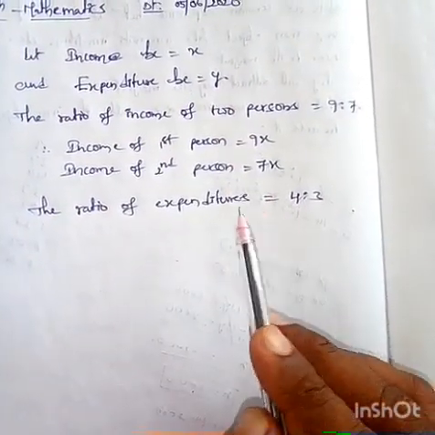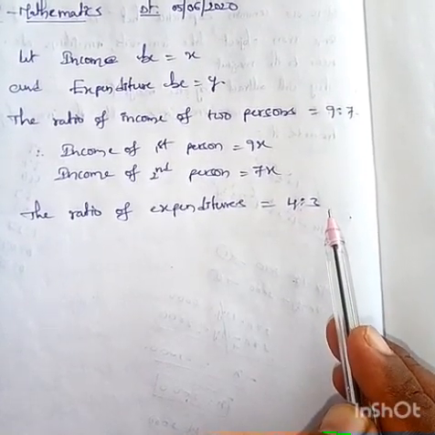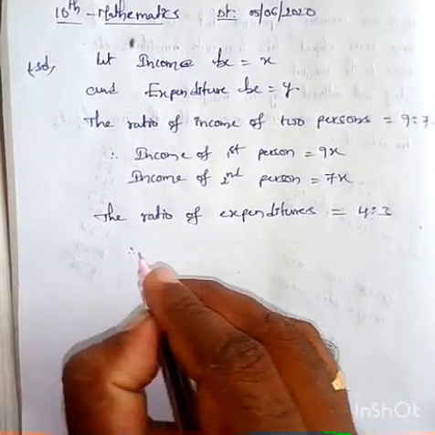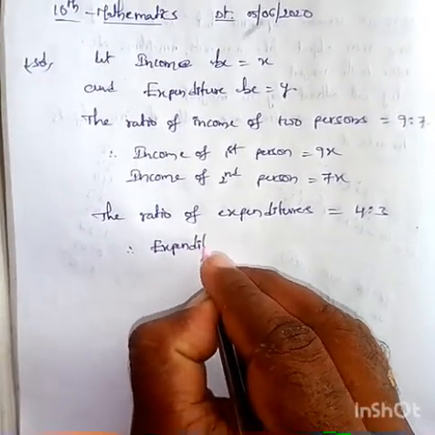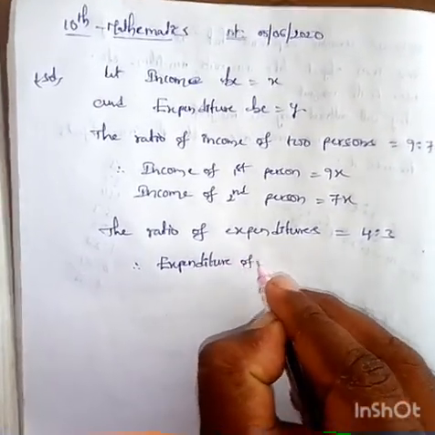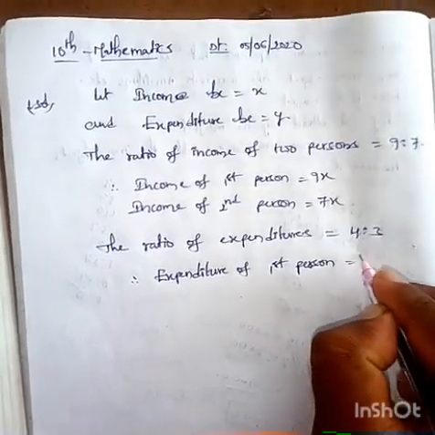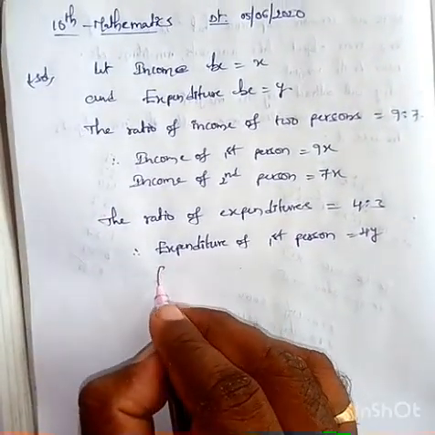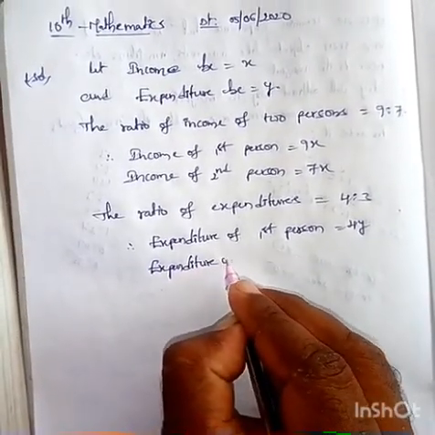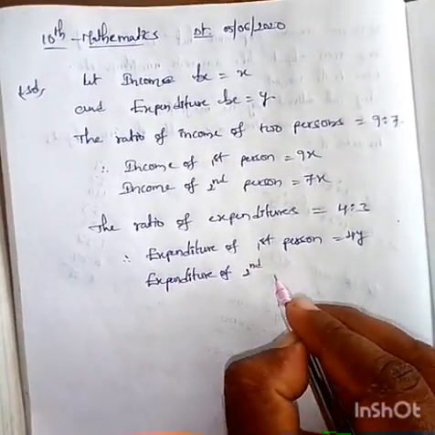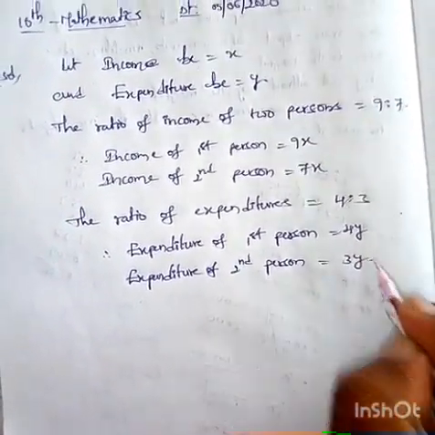So expenditure of the first person equal to 4y and expenditure of the second person equal to 3y. So right here, expenditure of first person equal to 4y and similarly expenditure of second person equal to 3y.